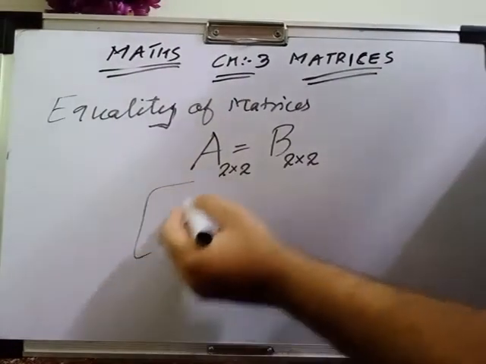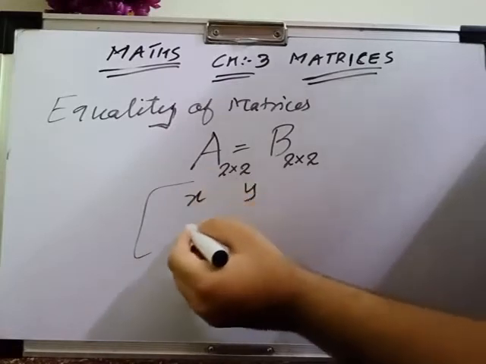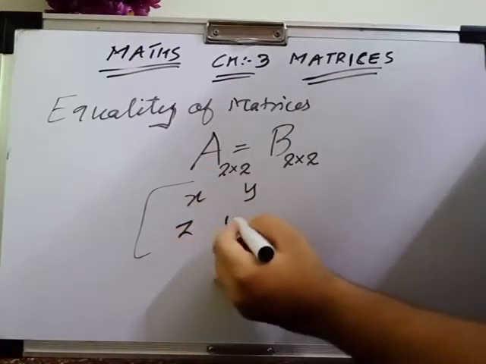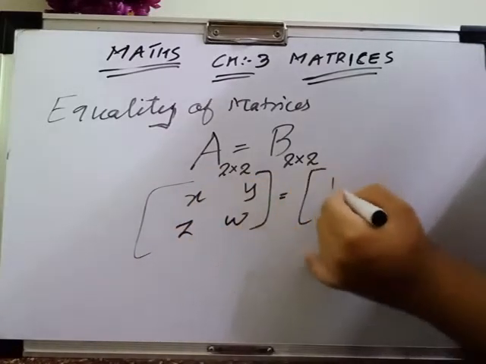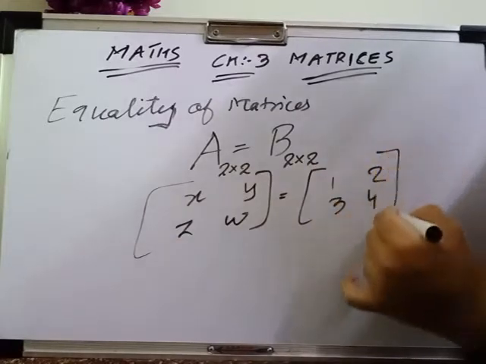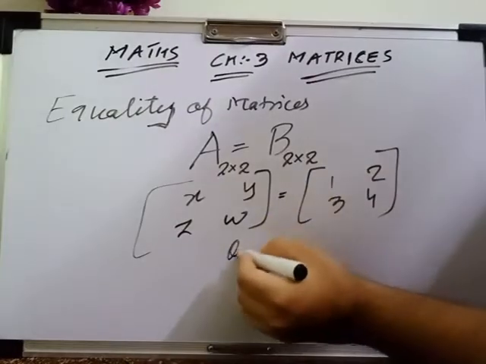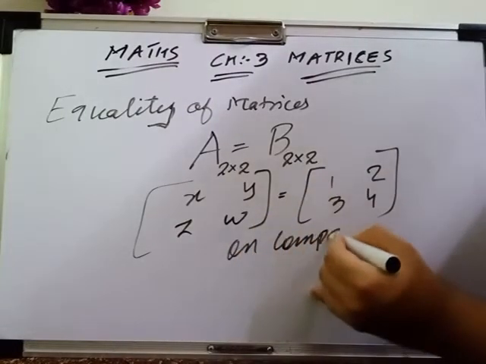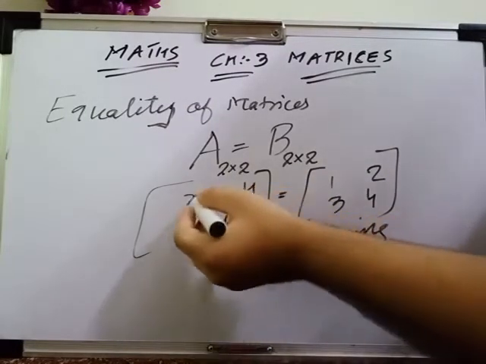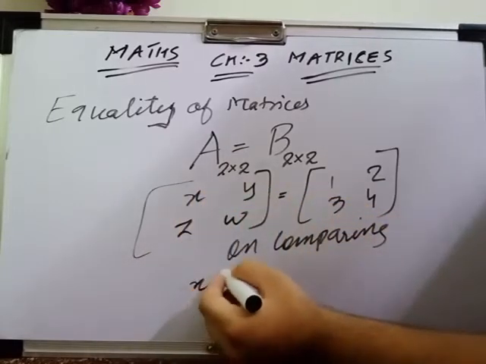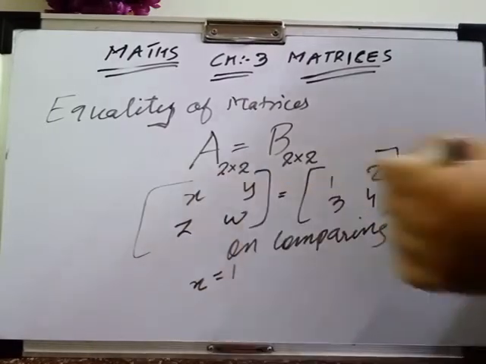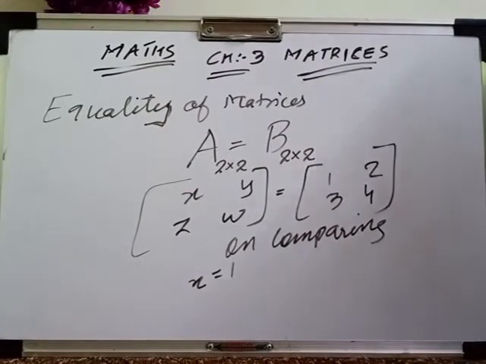So if I take this A matrix as x y z w and this as 1 2 3 4, then on comparing you can take the first row first column element equal to the first row first column element of the right hand side.